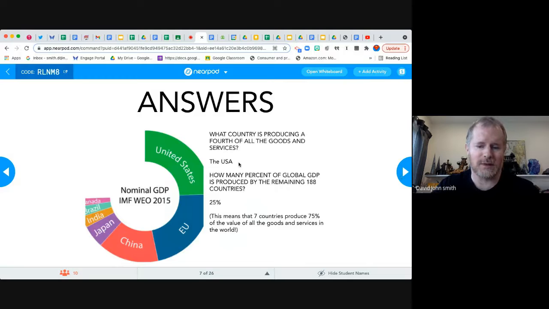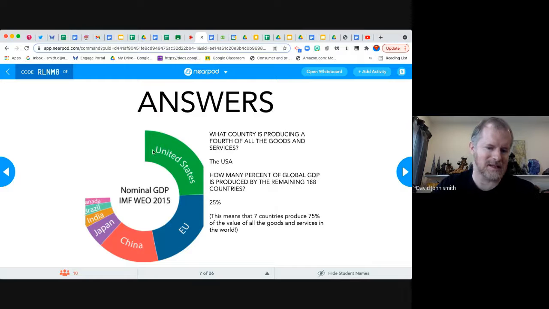So let's have a look here. The USA, yes, so it's a quarter. So that remaining 188 countries, this segment here, is actually producing only a quarter of the entire world's GDP. You can figure that out because this is the United States and they're producing a quarter. So if you were to imagine that remaining segment, it's the same size as the US.